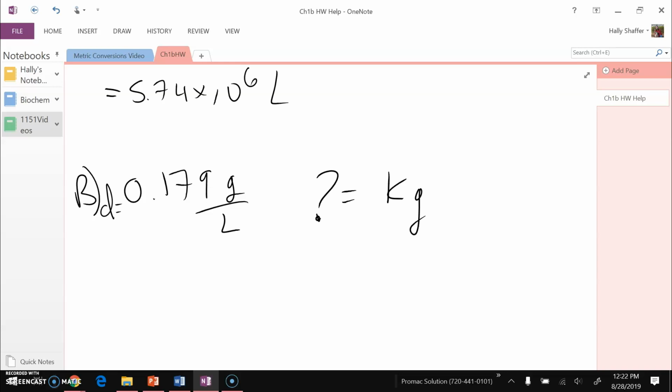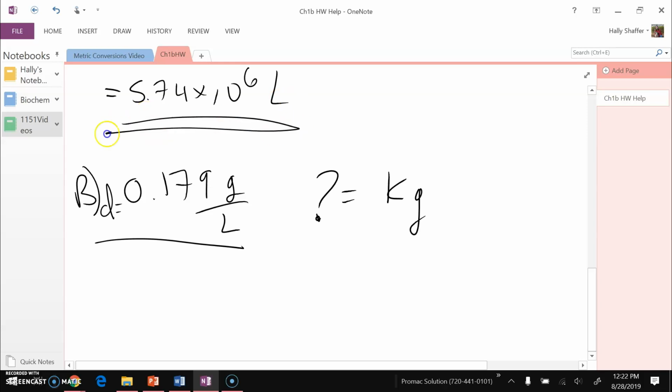Part B gives you this density, and it's asking you to find the mass. Now you have a volume: your answer to part A. That's going to be a given for part B and a given for part C in this problem, okay? If you want to think about a plan, you have a given in liters, and a given that's a density in grams per liter.